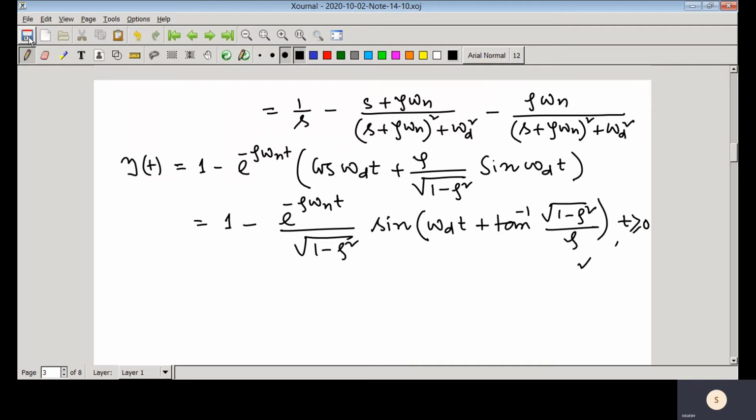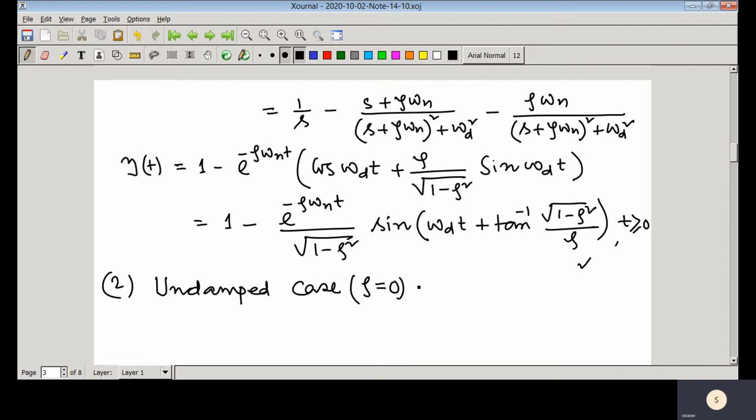So now let us see the second case. The second case is the undamped case. Undamped means there is no damping, so the damping ratio would be equal to 0.